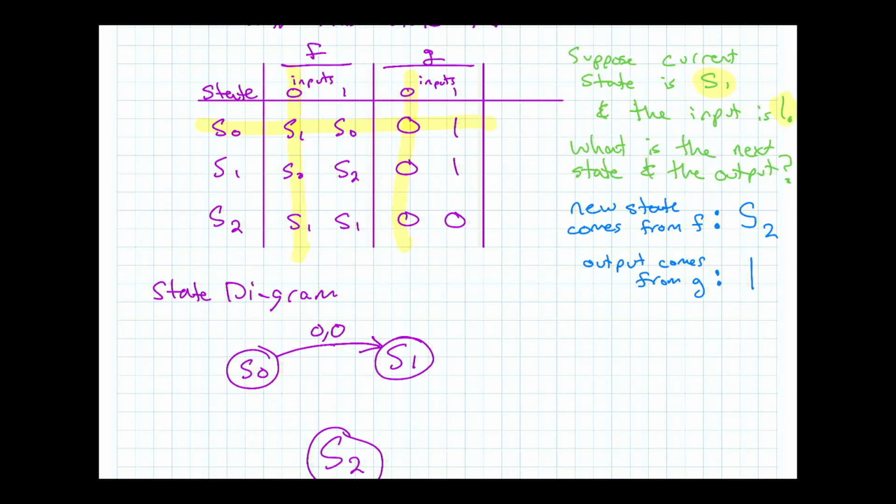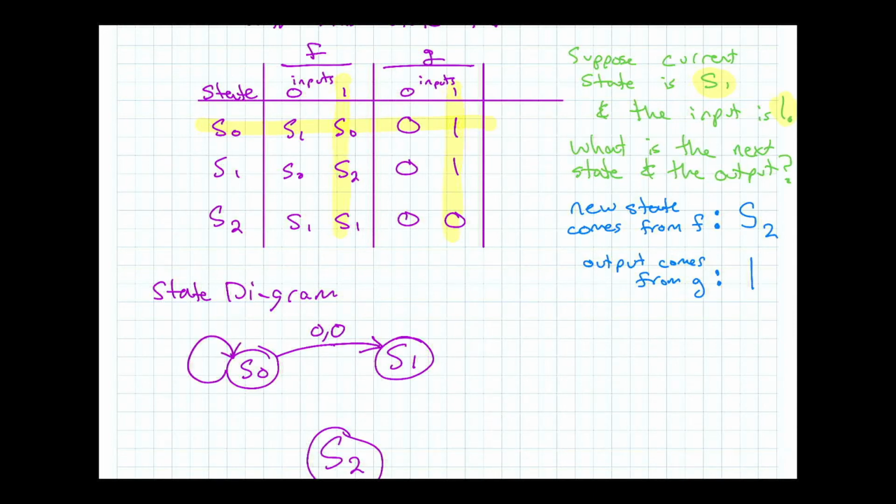The next one is, what if you have an input of 1? Then you would go to S0. So what does this row and column say? Current state is S0, input is 1, output is 0. So old state S0, new state S0, that is a loop.